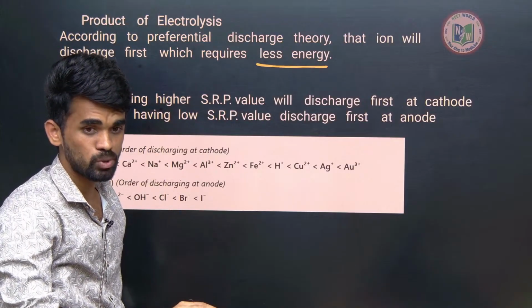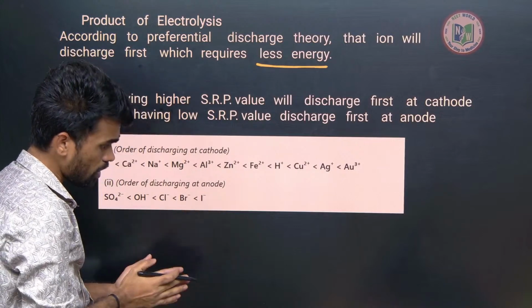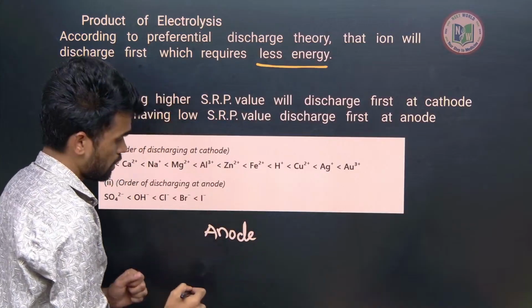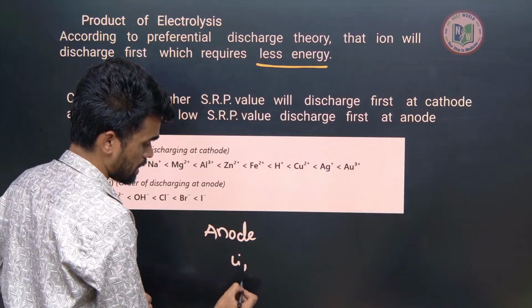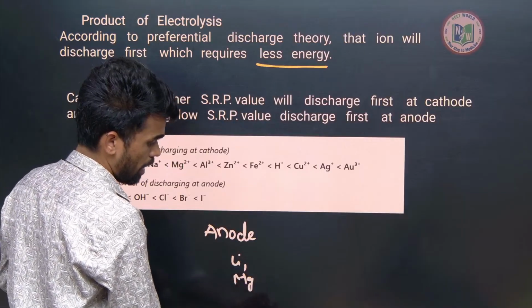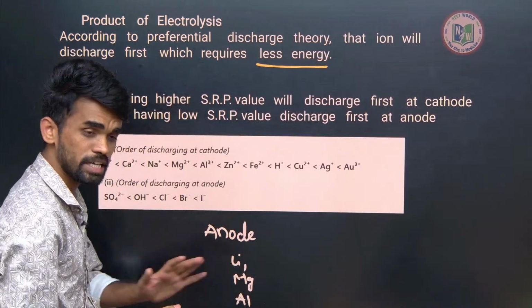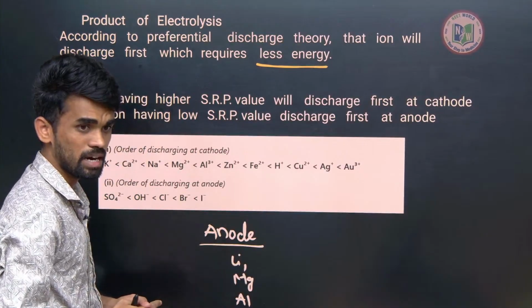Oxidation potential is more for lithium. For example, at the anode I have lithium as well as other elements like magnesium and aluminum. Tell me which will undergo oxidation easily, because at the anode oxidation happens. Which metal will undergo oxidation easily?